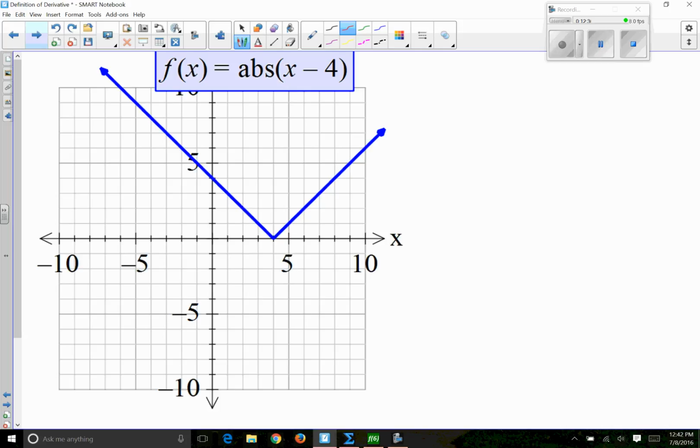For this function, which is ordinarily written f of x equals the absolute value of x minus 4, the derivative means the slope.